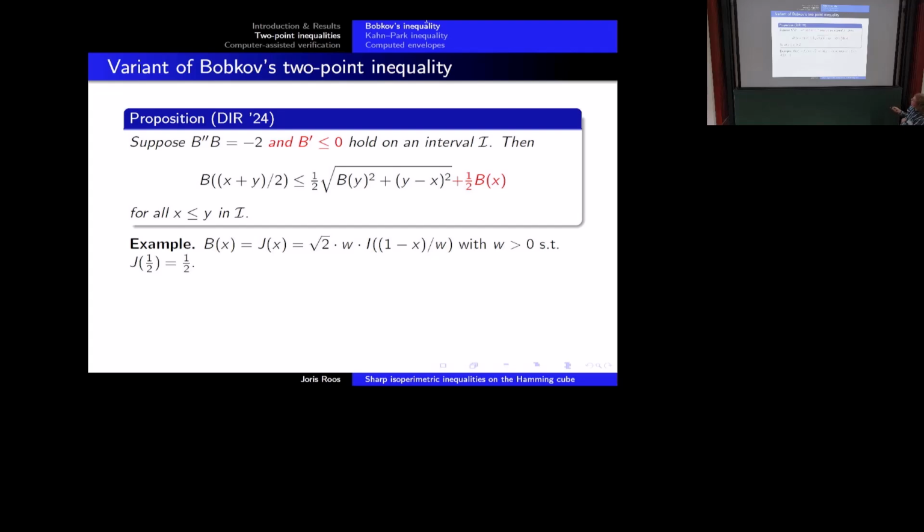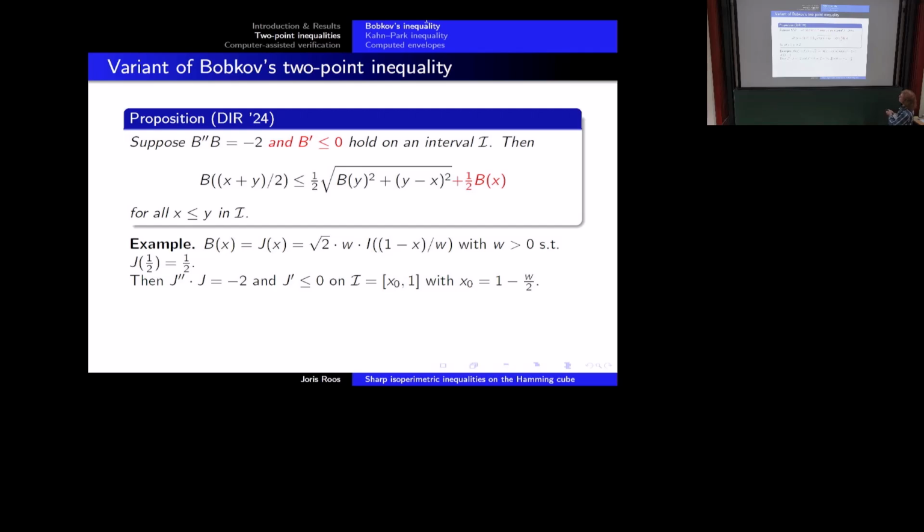So what's an example of such a function? It turns out that if you rescale and reflect the Gaussian isoperimetric profile, then it satisfies this condition. And so what is this number W?